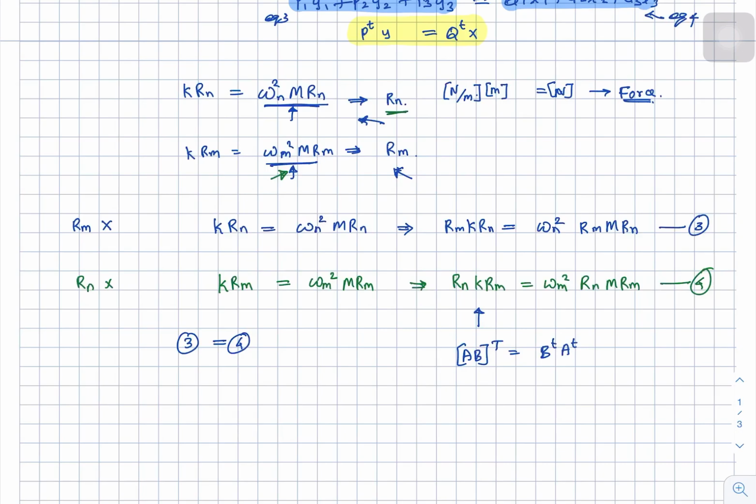Rm pre-multiplied with Rm transpose. Then only it will get multiplied, Rm transpose Rn transpose.